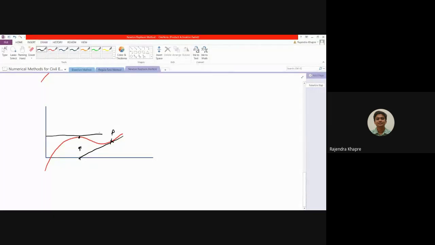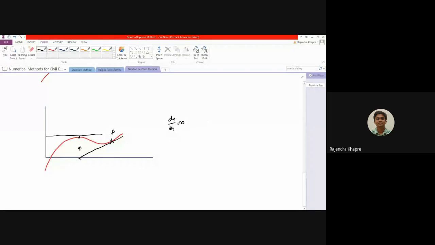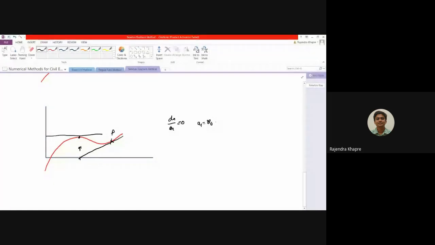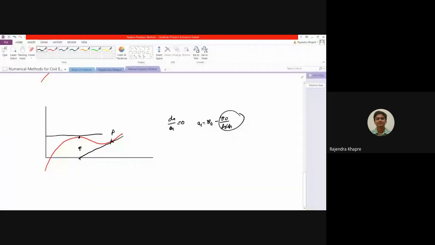Now what is going to happen over here is once again the value of slope is 0, that is dy by dx is equal to 0, and again x1 equals x0 minus y0 divided by dy by dx. So this is going to become infinity, right?